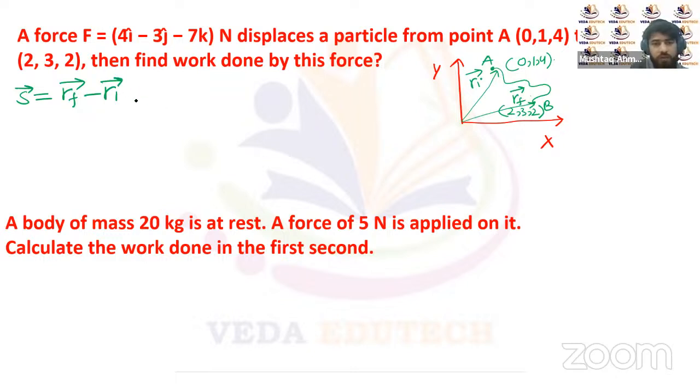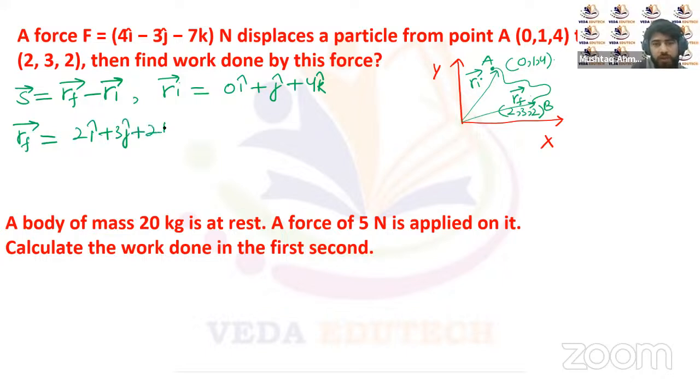The initial position vector in vector form is Ri equals 0 i cap plus j cap plus 4k cap. Similarly, the final position vector will be 2i cap plus 3j cap plus 2k cap.